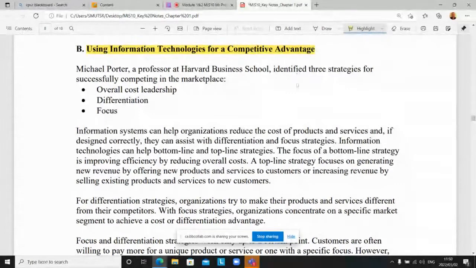Okay, here we are getting a little bit to the nitty-gritty of this chapter. I'm going to highlight Michael Porter, a professor at Harvard Business School. You will get Porter's this and Porter's that and Porter's something else. He's identified 3 strategies for being competitive.